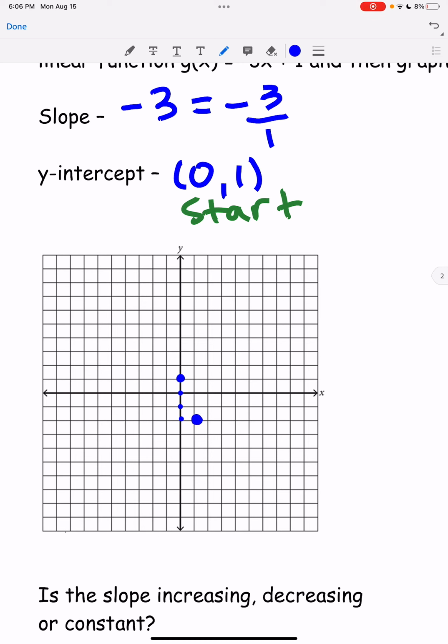And you can do that as many times as you want. I recommend 3, but 2 is really all you need because you can draw that line right there through it. But I would go down another 1, 2, 3 and run 1. You can do the whole page if you want to.